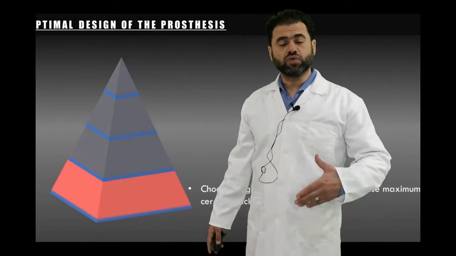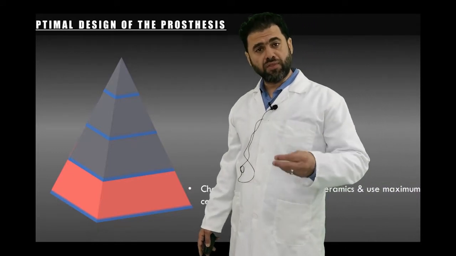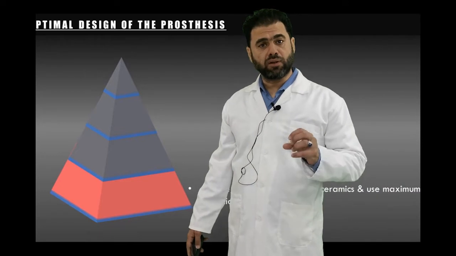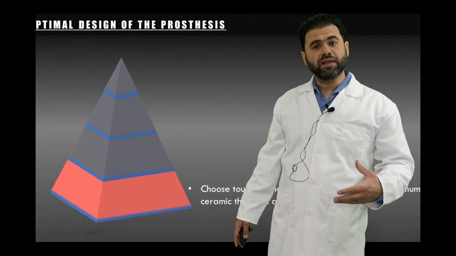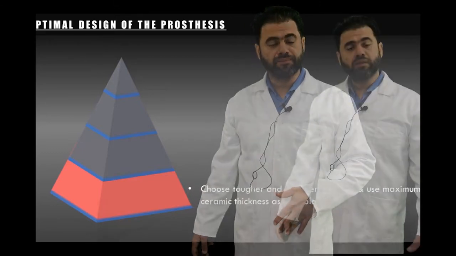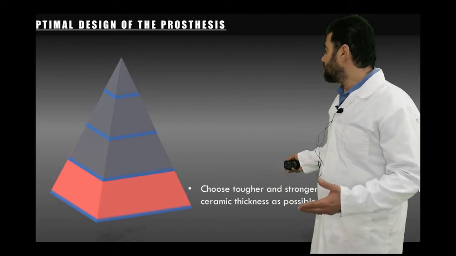So we choose a stronger one. Also, we can choose the certain thickness, and we layer it also with a good thickness of layering porcelain. Also, we can avoid the grinding.